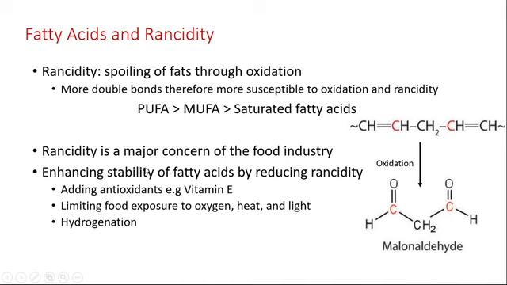So rancidity is a major concern of the food industry, and you cannot keep oils for a very long time, more than the use by or the shelf stable date, because they tend to undergo either oxidative degradation, that is oxidative rancidity, or hydrolytic rancidity. When an oil becomes rancid, you get an unpleasant odor.